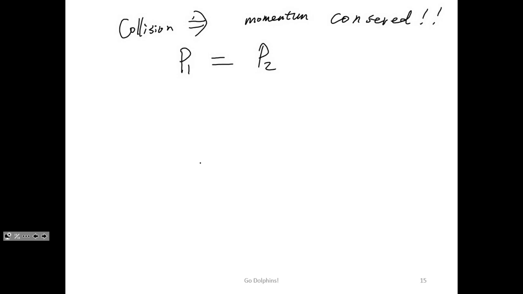The initial momentum is the momentum of object A and momentum of object B before the collision, which equals the momentum of object A after the collision plus the momentum of object B after the collision. Now plug in all the numbers.